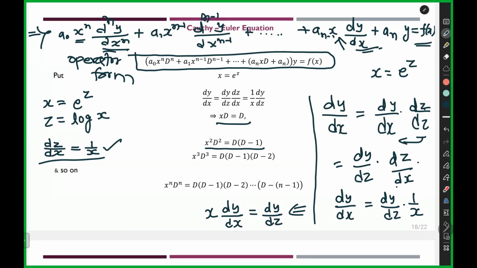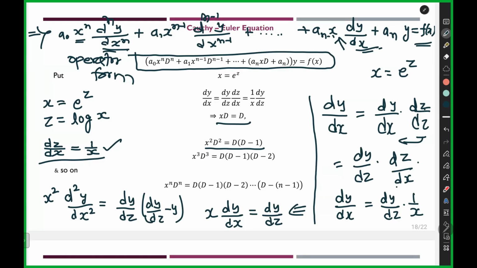Similarly, if you go for x squared d squared y by dx squared, you get d^2y by dz^2 minus dy by dz.